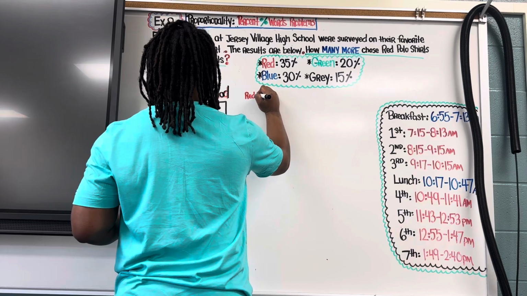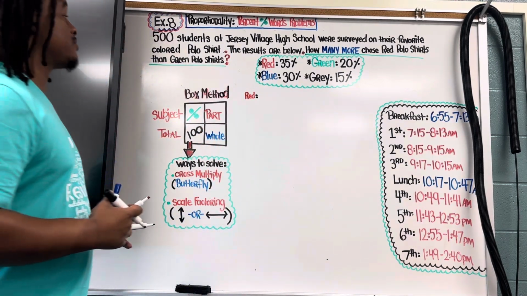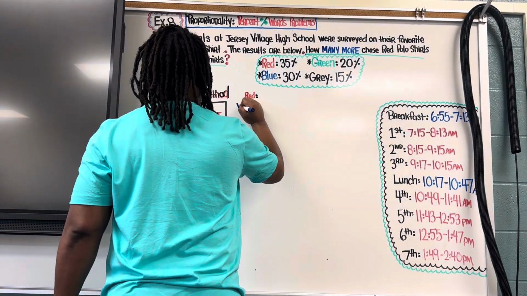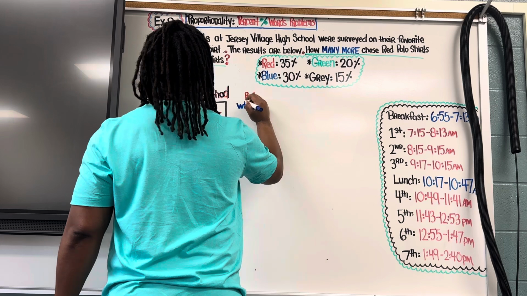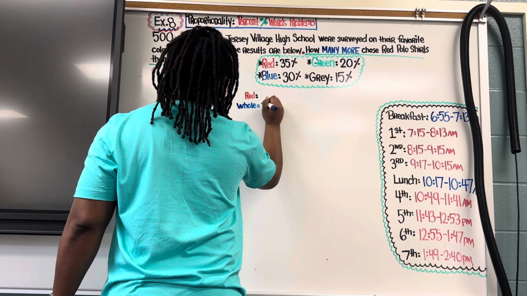Let's go ahead and collect all the information that's associated with the red polo shirts. So once again, guys, the whole, which represents the total number of students that participated in this survey, was 500.